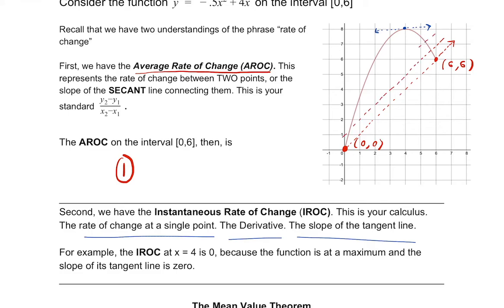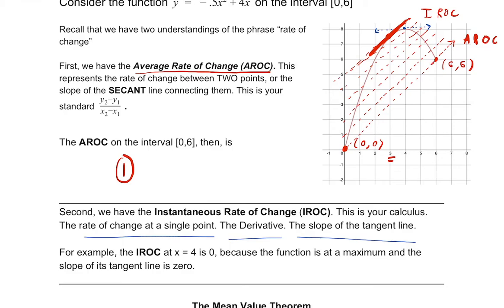If you keep drawing parallel lines, if your function is continuous and differentiable, then what the mean value theorem tells us is there must be at least one, maybe more, but at least one point in time where the slope of the tangent line is exactly equal to that average rate of change. And based on my little drawing here, it looks like it's going to be at around x is equal to 3. And so we would say that at x equals 3, we have found a point that satisfies the mean value theorem, because we found the point where the instantaneous rate of change is equal to the average rate of change.